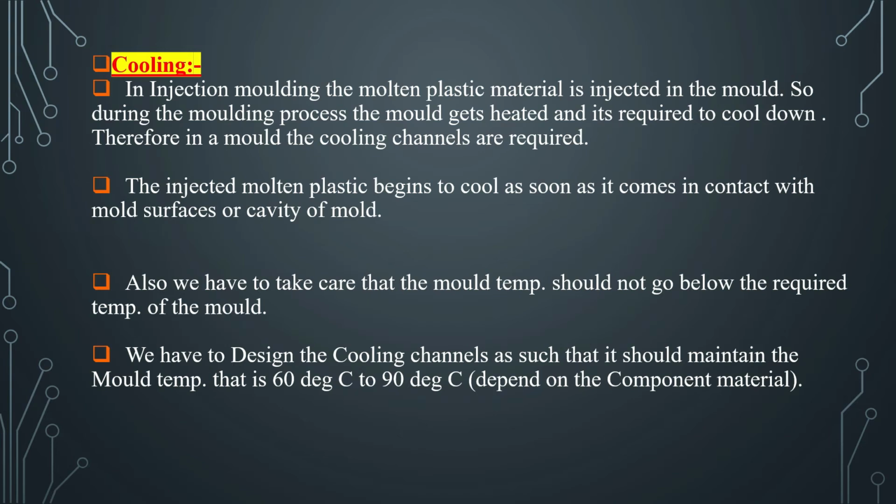Also, we have to take care of the mold temperature. It should not be below the required temperature and it should not exceed the temperature limit. So we have to design the cooling channels such that the mold temperature is maintained. In a basic study, it should be 60 to 90 degrees depending upon the component and material.